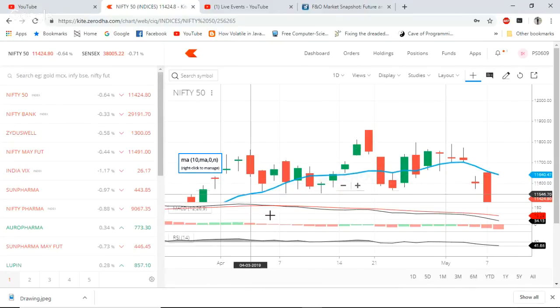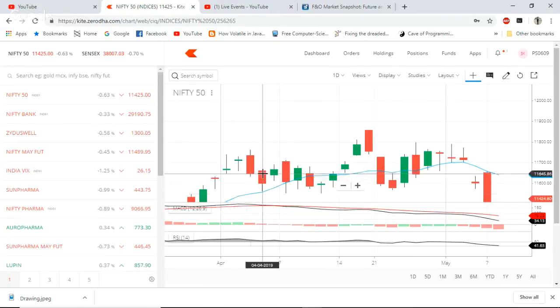Now let's take one more example. In this case, what is happening? It doesn't have the top. That means wherever it opened, that itself is the high of the day. It never crossed the opening price, but the low was 11,564. And what about the close?